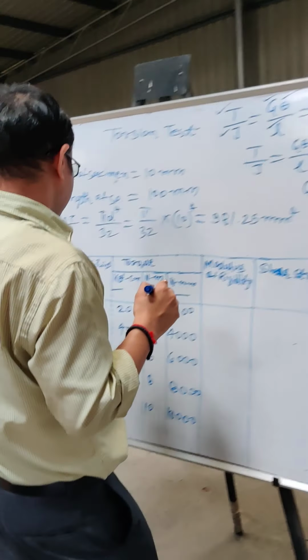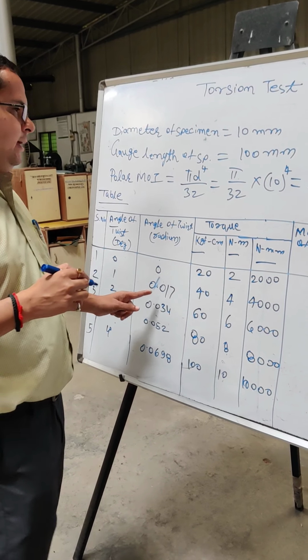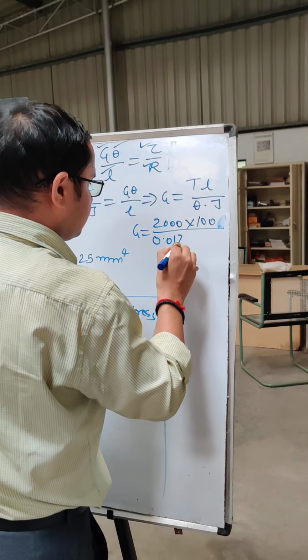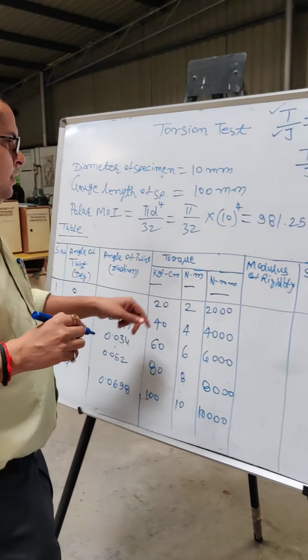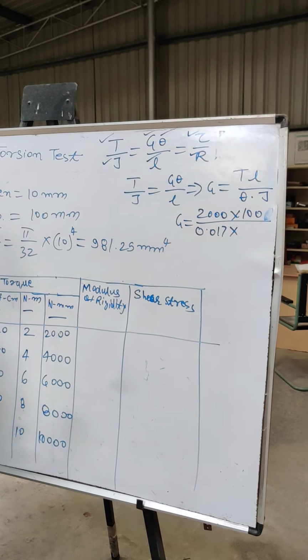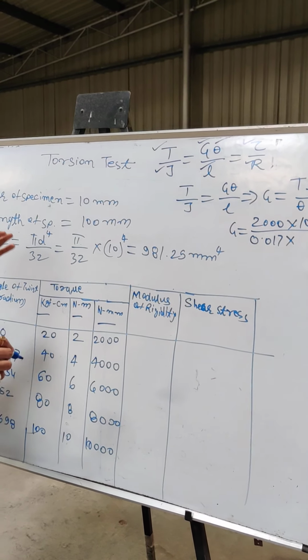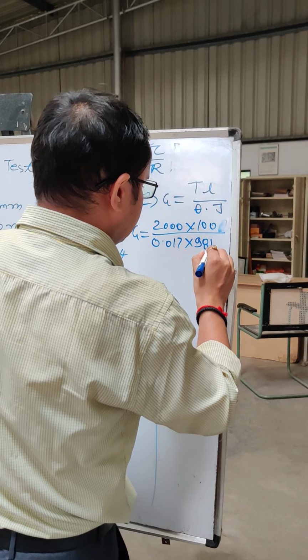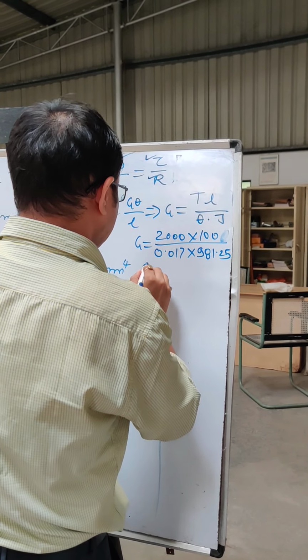Divide by theta, first theta in radian, 0.017, into J, which is 981.25 mm to the power 4. So what is G?